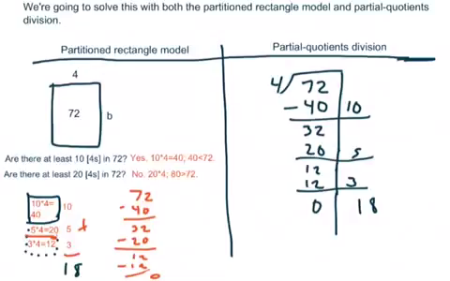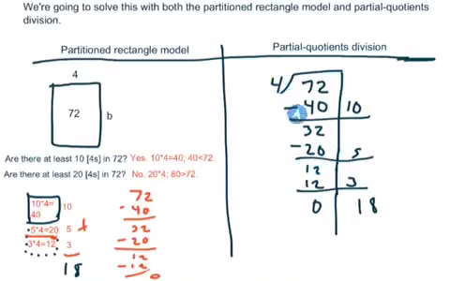Then I'm saying to myself, 4 times what number gets me close? Well, I know 4 times 5 is 20, so I'm going to subtract that and put the 5 over here to the side, right? Because 5 times 4 is 20. Notice how I've got the bar here for myself to balance that. So I subtract that, I get 12.